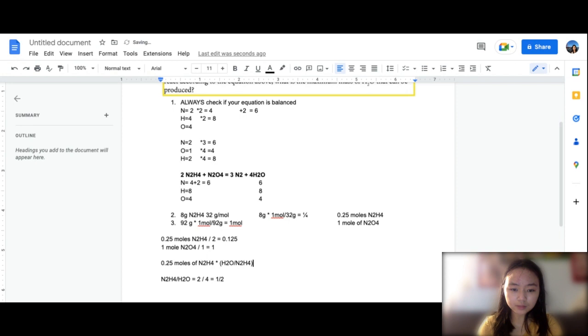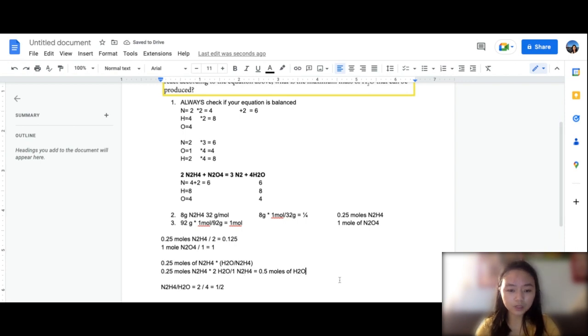So that would just be this fraction or ratio flipped. So that would be equal to 0.25 moles of N2H4 multiplied by 2 H2O over 1 N2H4. And that is equal to 0.5 moles of H2O, since we canceled out moles of N2H4.